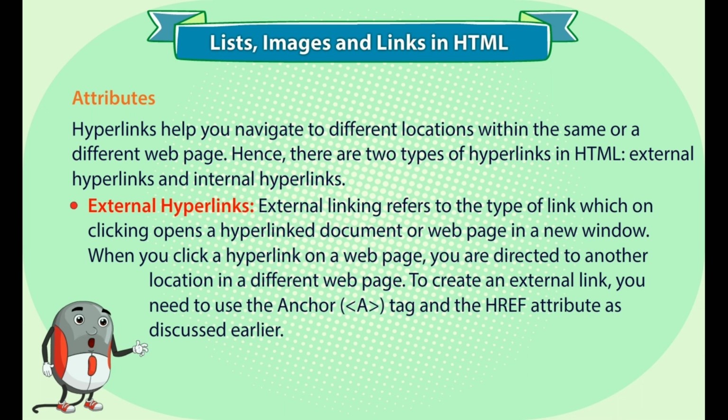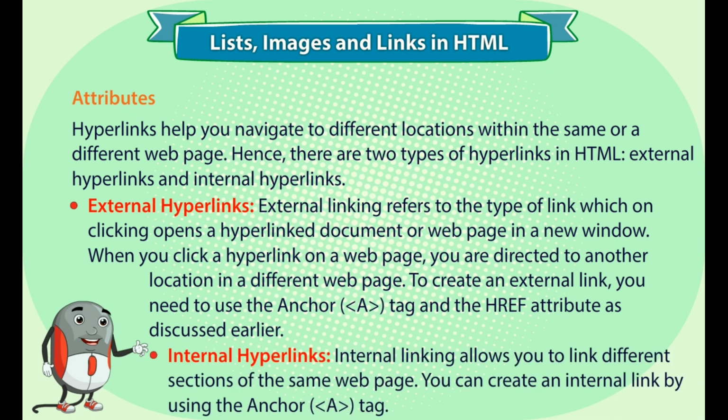When you click a hyperlink on a web page, you are directed to another location in a different web page. To create an external link, you need to use the anchor A tag and the href attribute as discussed earlier. Internal hyperlinks. Internal linking allows you to link different sections of the same web page. You can create an internal link by using the anchor A tag.